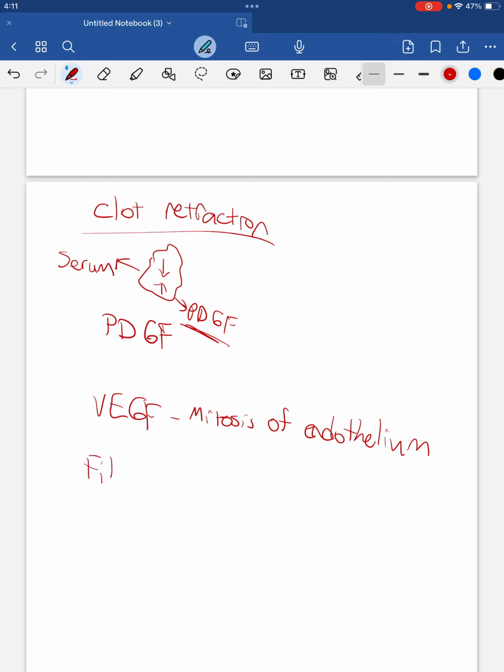And then finally, fibrinolysis. Okay, so this is where the clot is going to be removed. Okay, so after this repair here is complete, that clot needs to be removed because we don't want it to keep getting platelets stuck to it and it gets bigger and bigger and bigger and then we don't have any more blood flow.